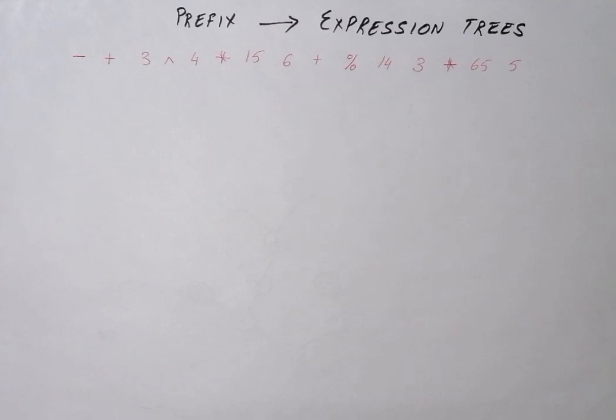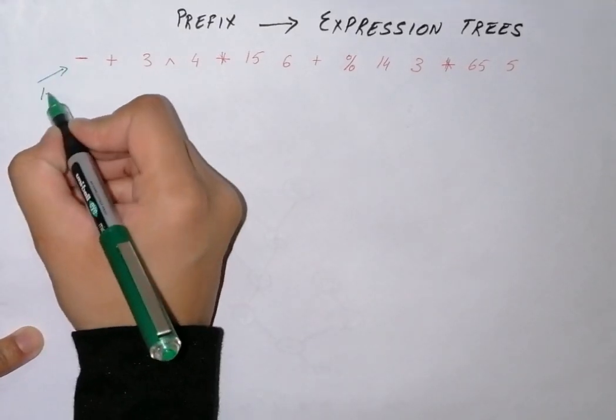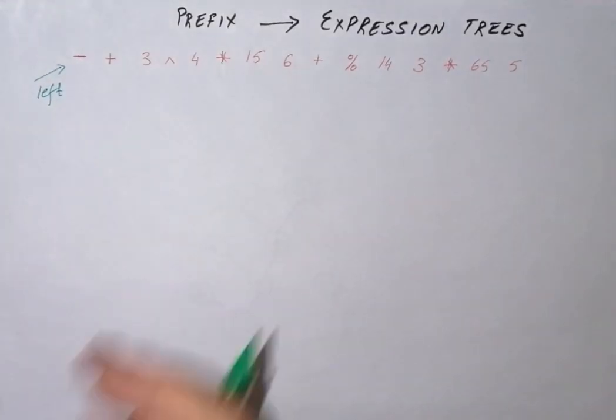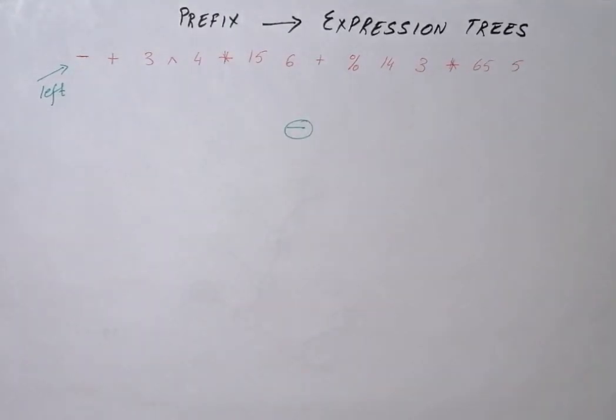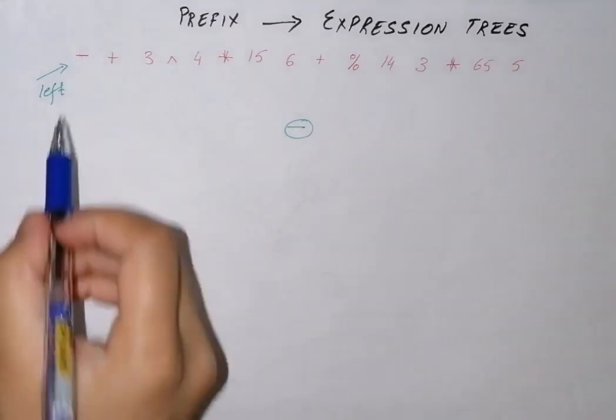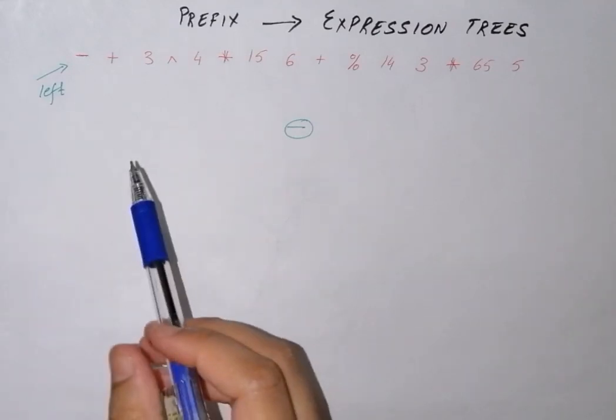First of all, start from the left side of the given expression. The first node will become the root of your tree. Without giving it a second thought, just make this first node the root of the tree. So this minus will become the root.